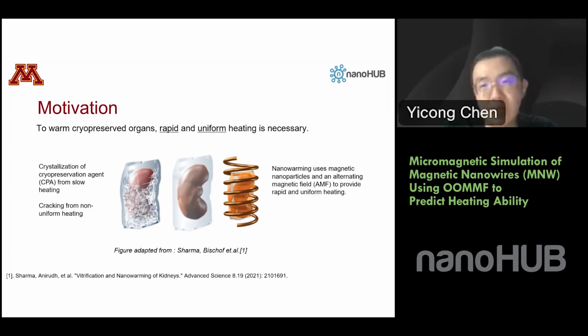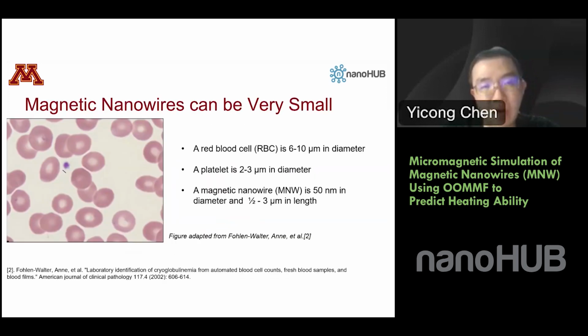By using an alternating magnetic field and putting magnetic nanoparticles inside this field, we will be able to generate very rapid and uniform heating to avoid that damage. Our magnetic nanowire particles can be a very good candidate for this procedure because on this size comparison picture, you can see that the nanowire, shown by this small black line, is pretty small.